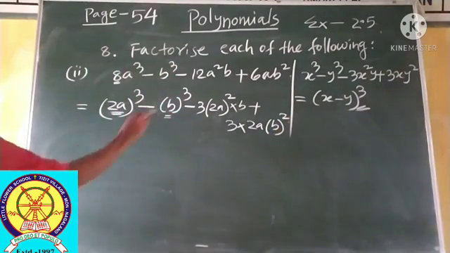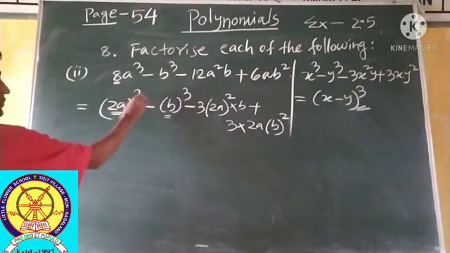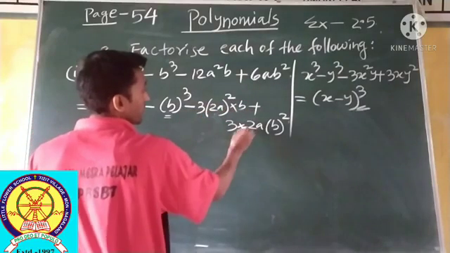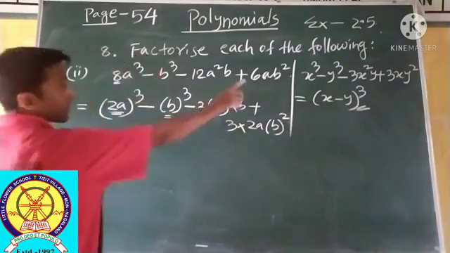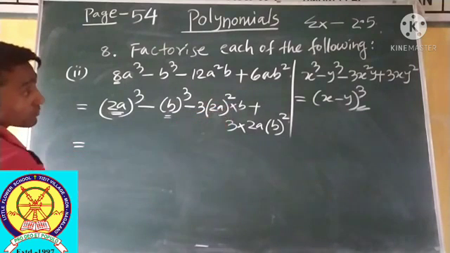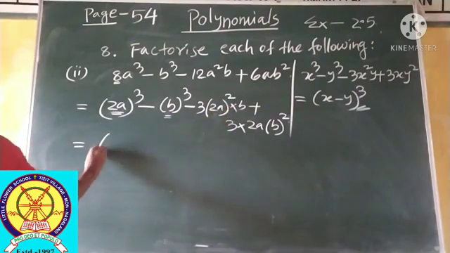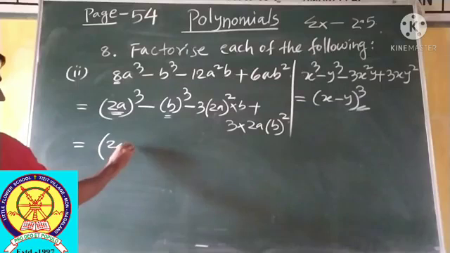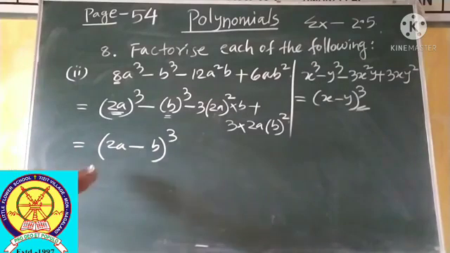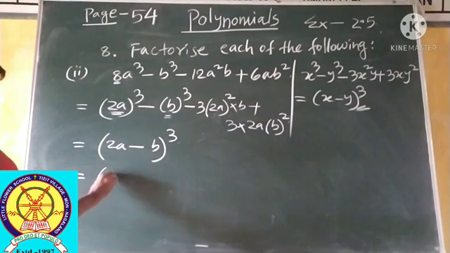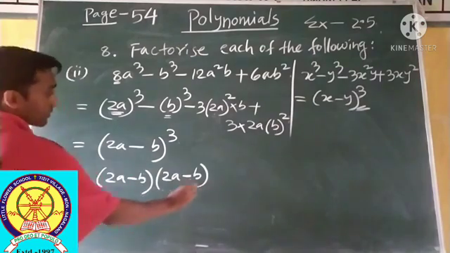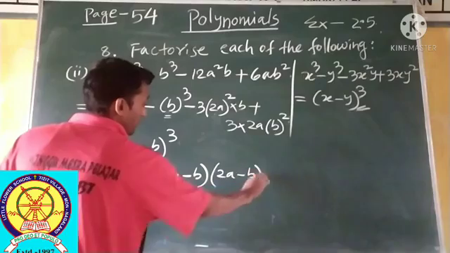So now it is in the identity x cube minus y cube minus 3x square y plus 3x y whole square, which is equal to x minus y whole cube. X value we have 2a minus y value we have b whole cube. So 2a minus b whole cube means 2a minus b into 2a minus b into 2a minus b.